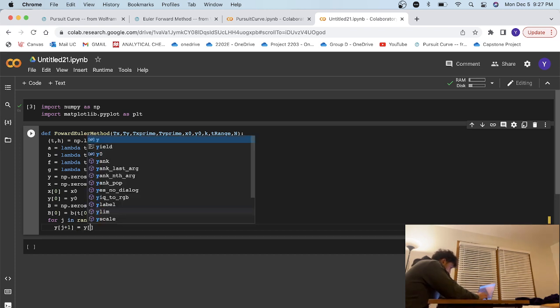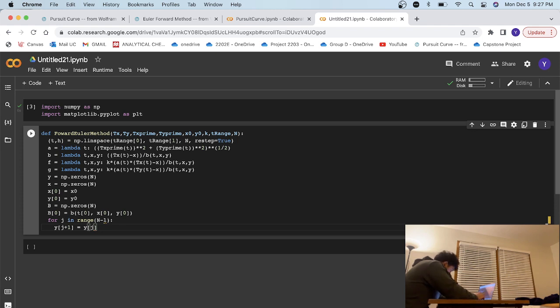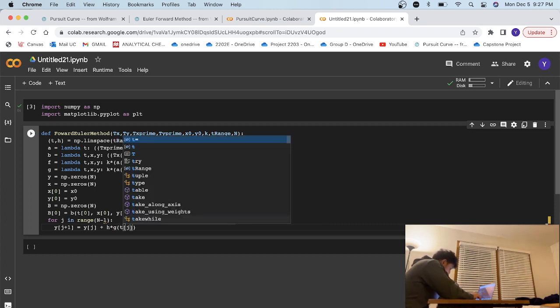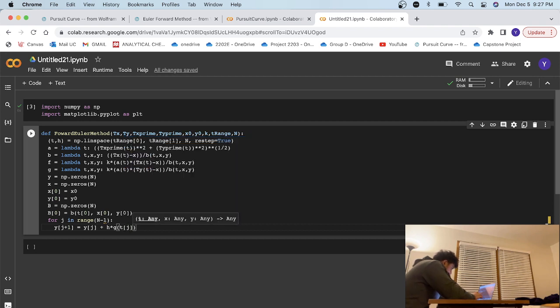It's going to be y of j. It's going to iterate through this. We're going to use our h. That's what we found in Euler's method. That's defined. And then we're going to have j, and then we're going to have x of j, y of j, copying this code.